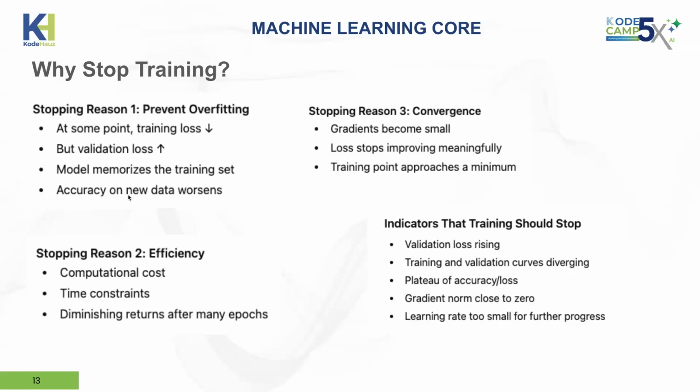Validation loss is basically calculating loss using a different set of data that you are not using to train that model. So it's a measure of the generalization of the model, how well it generalizes. And if you see the validation loss beginning to creep up as you continue training, that means you have gone past the point where that model begins to overfit. And so you should stop, right? Essentially, you are memorizing the data set.